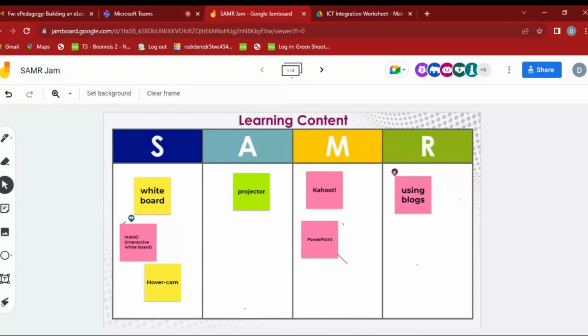Now, that task, I feel, covered modification and redefinition, because they were able to do so many different things. Their parents were added to the slide so that they could see what was going on. Creating a digital portfolio.